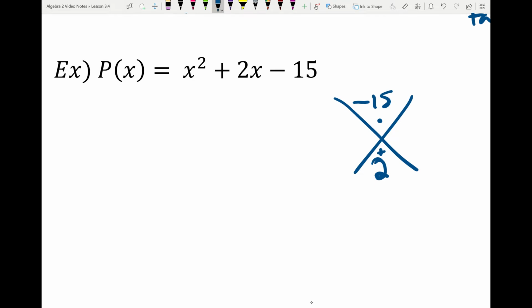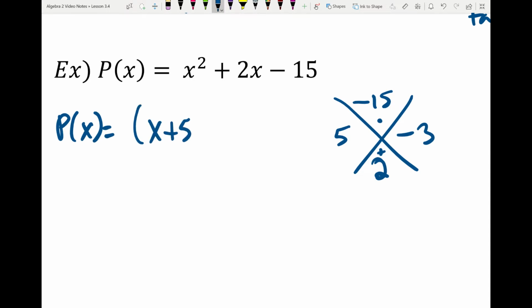In that case, that would be 5 and negative 3. So 5 times negative 3 is negative 15, and 5 plus negative 3 is 2. So we factored it. All right, so let's write this polynomial in factored form: x plus 5, x minus 3. Okay, so we factored it.